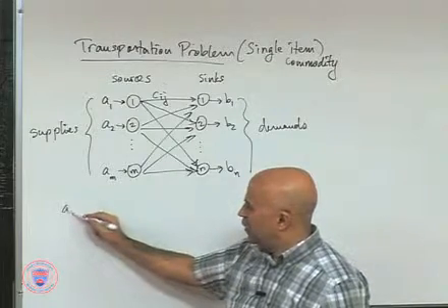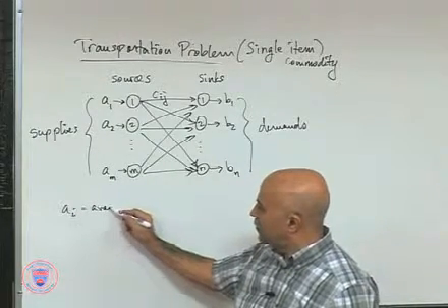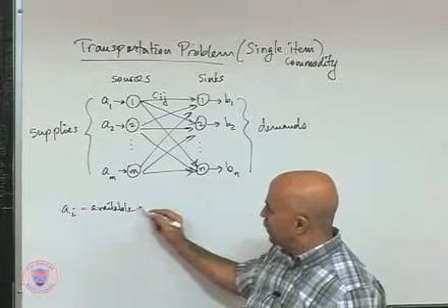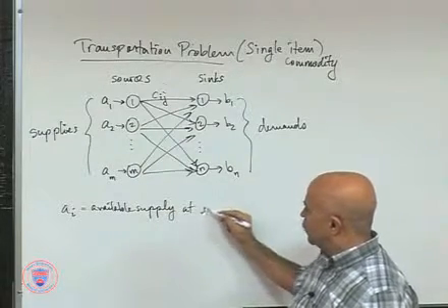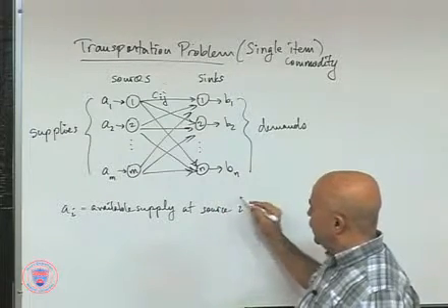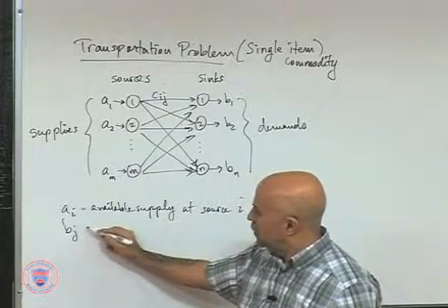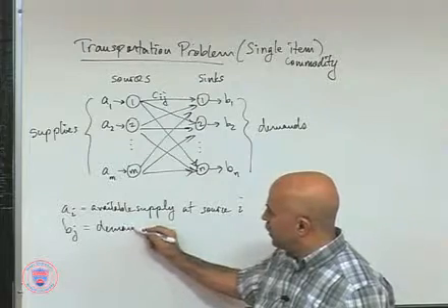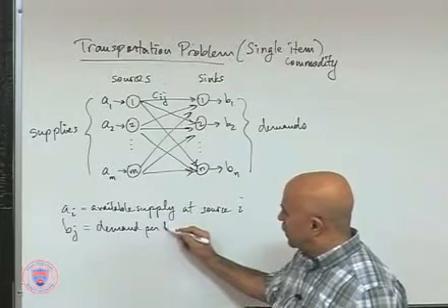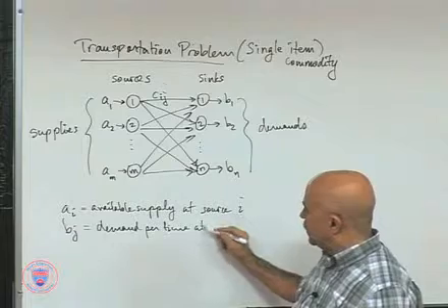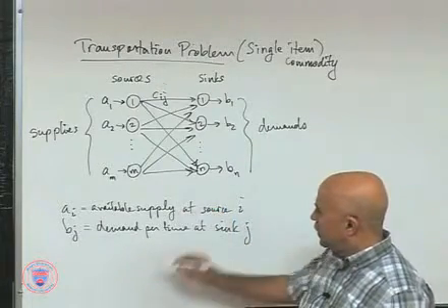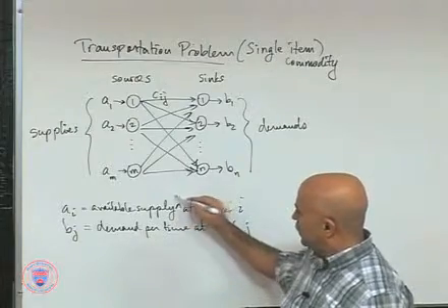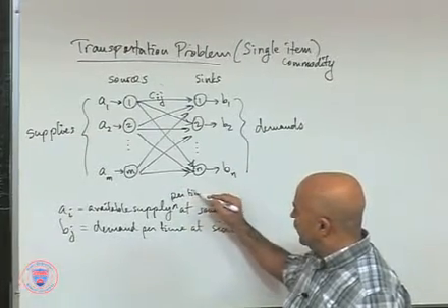So ai is the available supply at source i. bj is the demand per time at sink j. Of course, this is also per time.